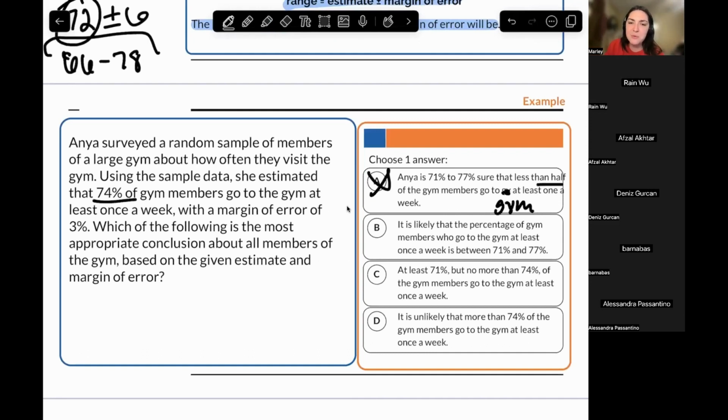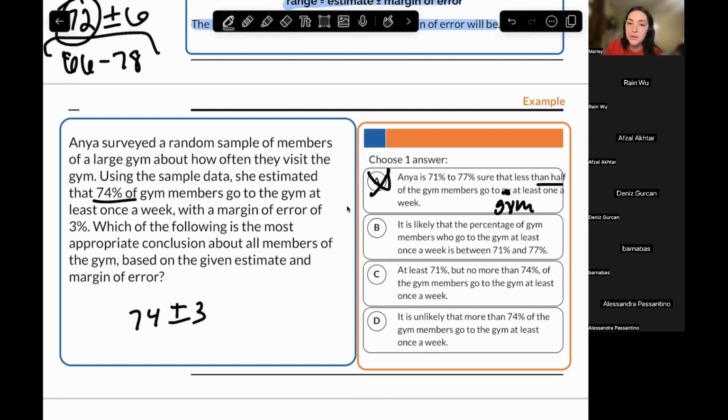C says at least 71%, but no more than 74% of the gym members go to the gym at least once a week. This isn't accurate because people could still be falling outside of that range. Just because we're saying it's 74 plus or minus 3, we're not entirely positive that it's definitely in this range.